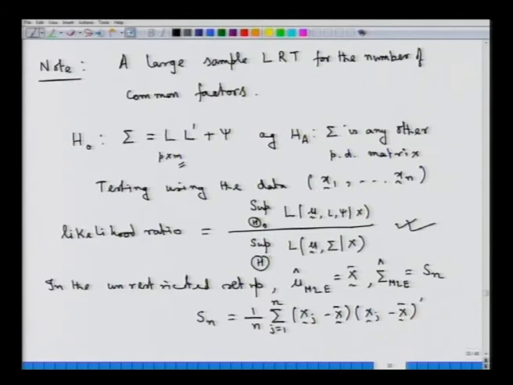So, this will actually be the denominator part, and in the likelihood function we will have to plug in these values of mu as x bar and sigma as Sn, which is of this particular form, and then we will be able to write this supremum over script theta, the entire parameter space.